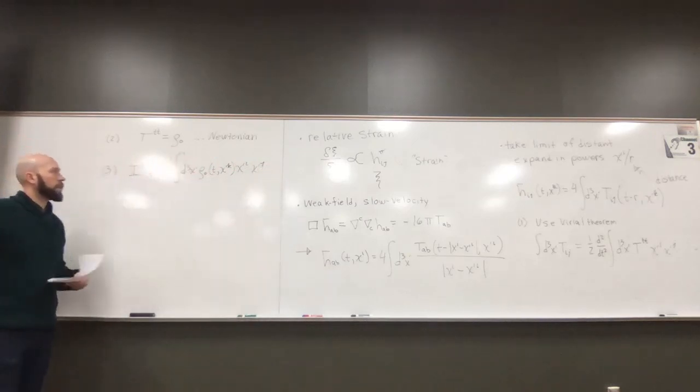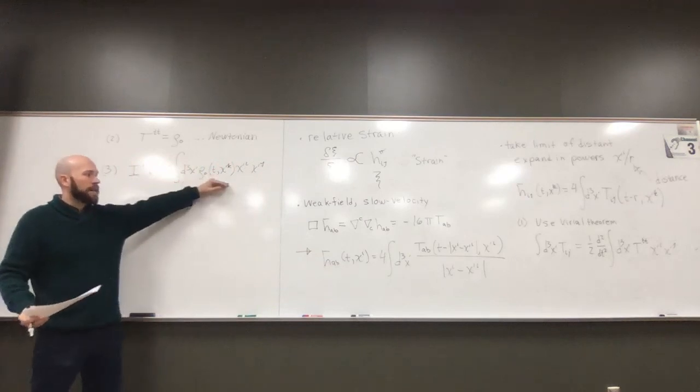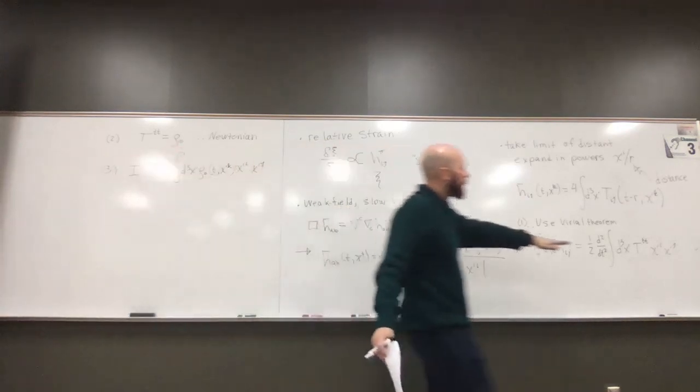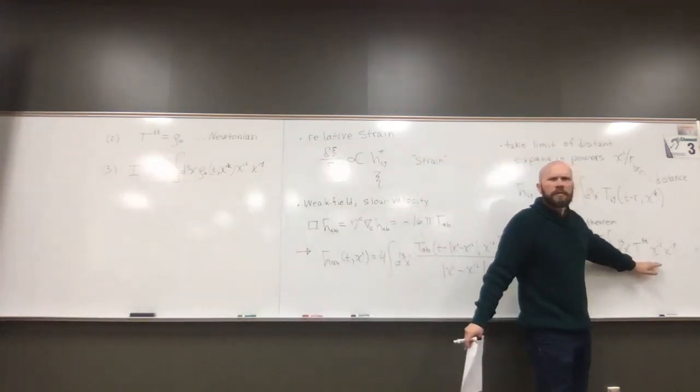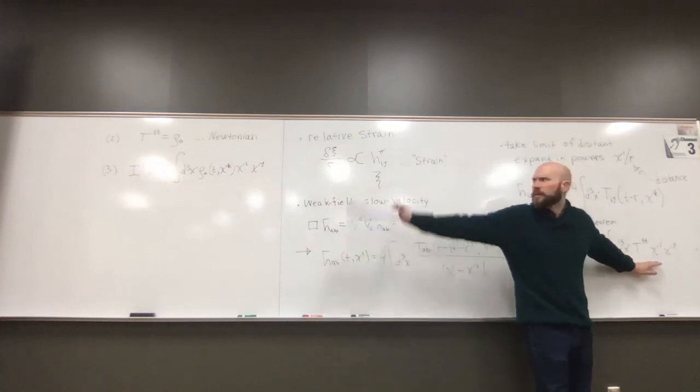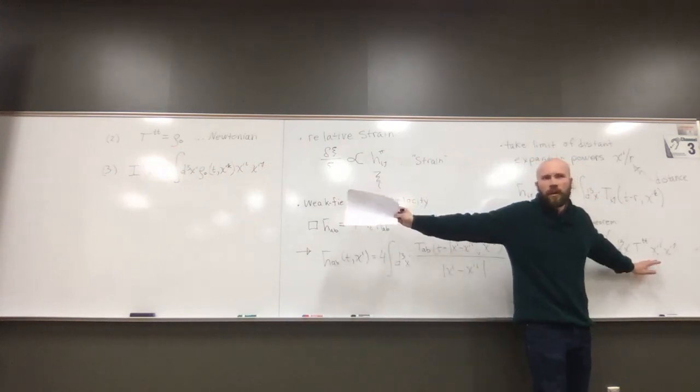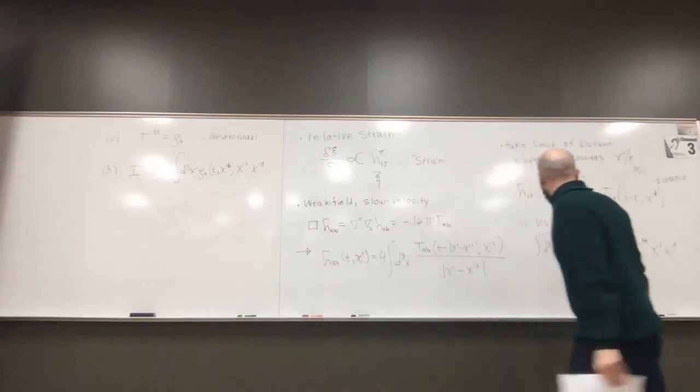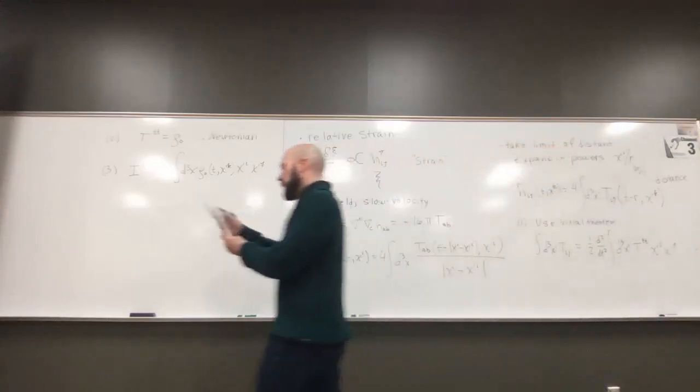I'm integrating over this volume. So this is the second moment of the mass. Over here, I had a second moment of the time component of the stress energy tensor, which I said was mass. Okay, you see where I'm going with this, right? I'm going to relate this to some second time derivatives here.